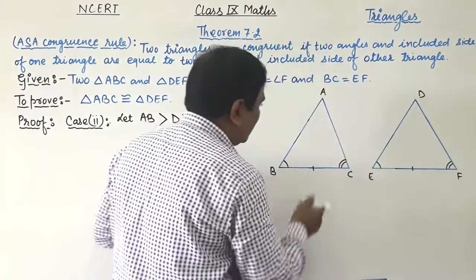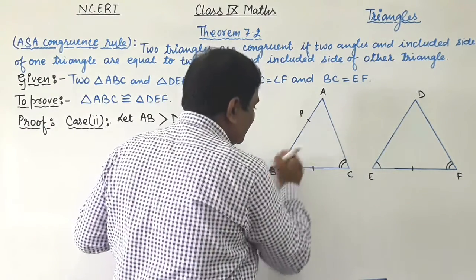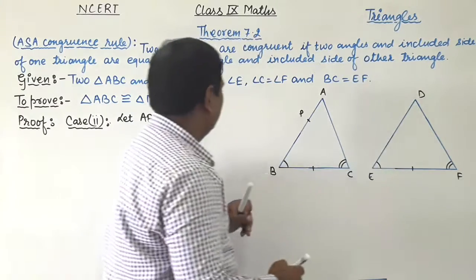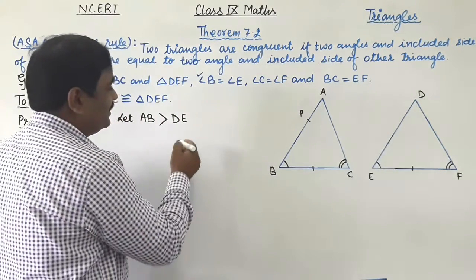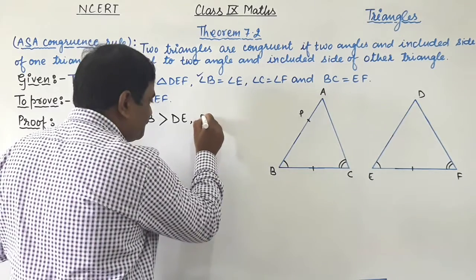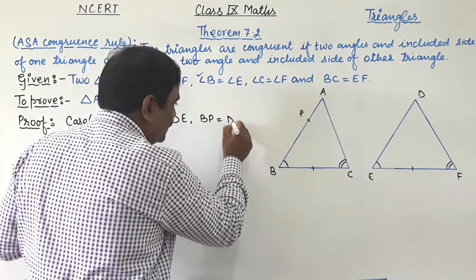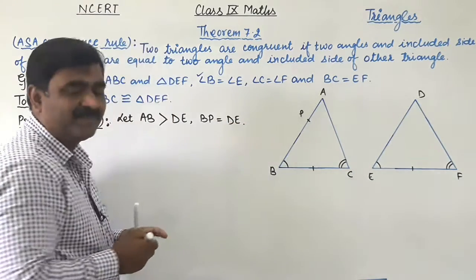Let us take a point P on the side AB such that BP is equal to DE. Let us take P, so BP will be equal to DE.